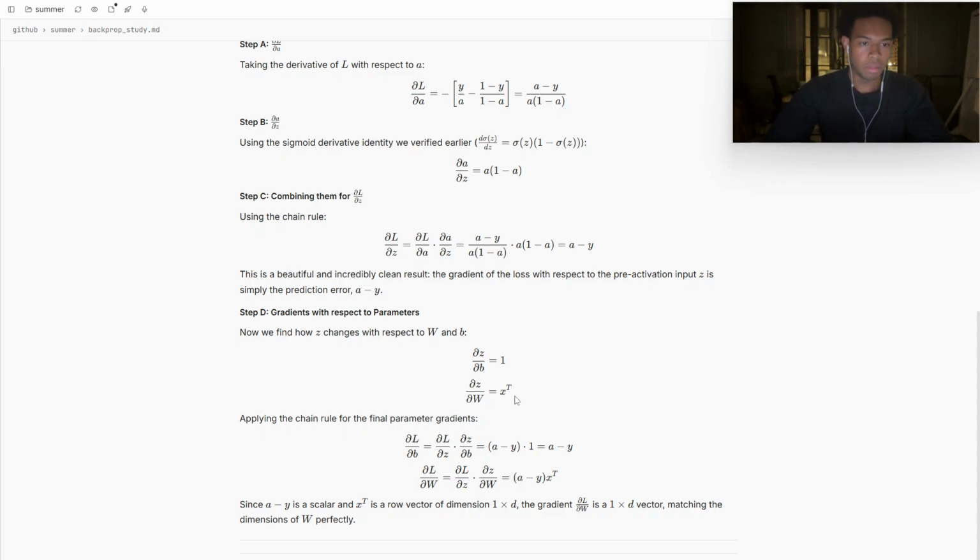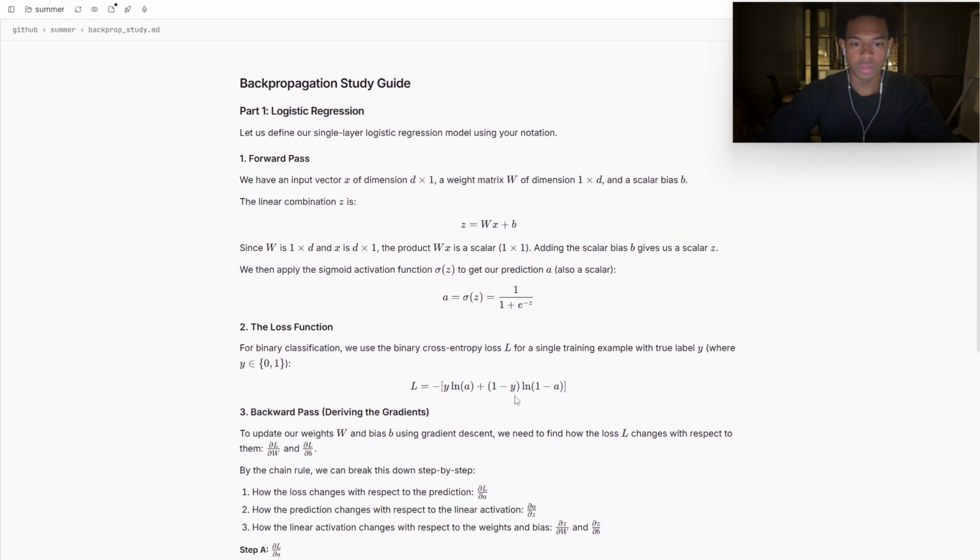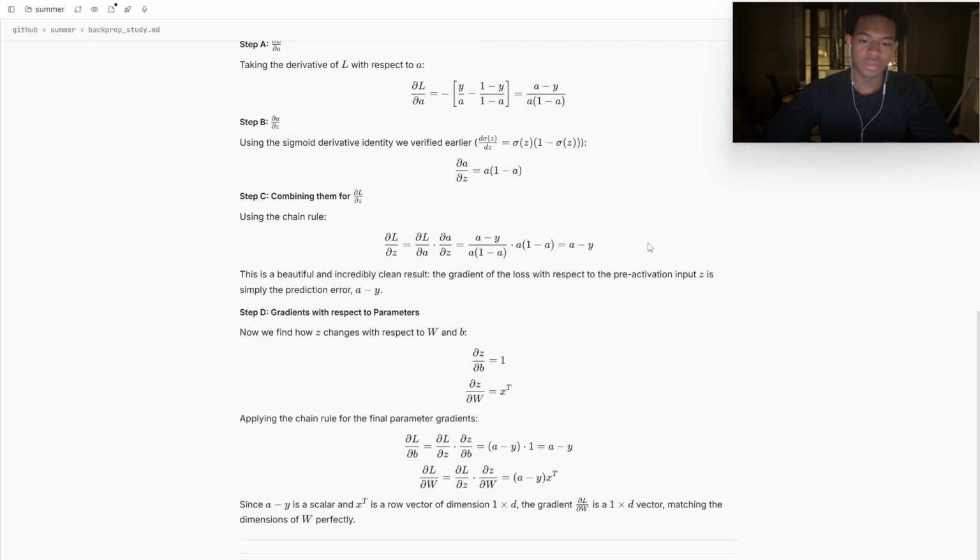And I'm not used to that. So where's the function for Z? Z with respect to W is X transpose. Yeah.